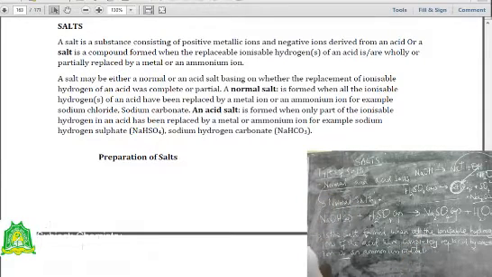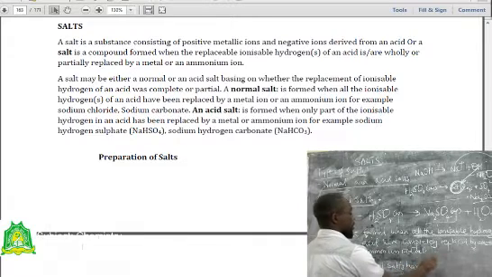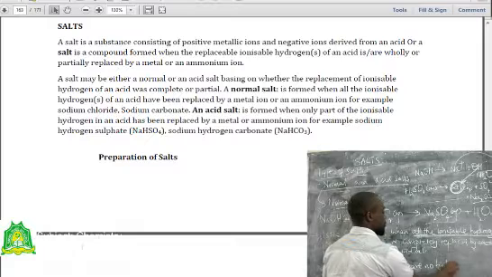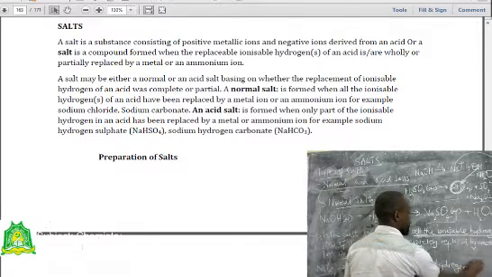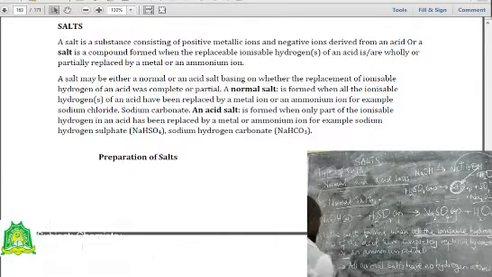So I shall have a note, and we say all normal salts have no hydrogen atoms in their molecules.